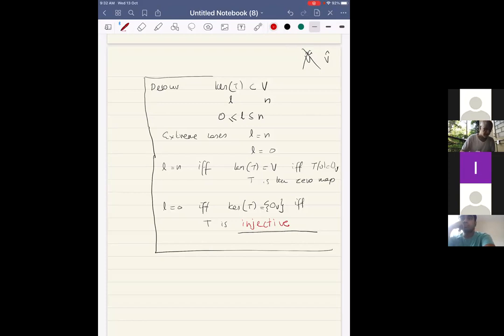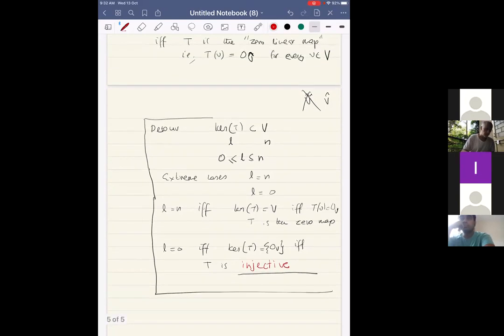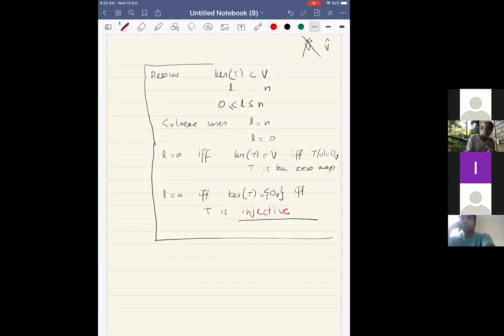So let us continue this detour. I'm not finished with the detour. Let us prove the rank nullity theorem in these extreme cases.